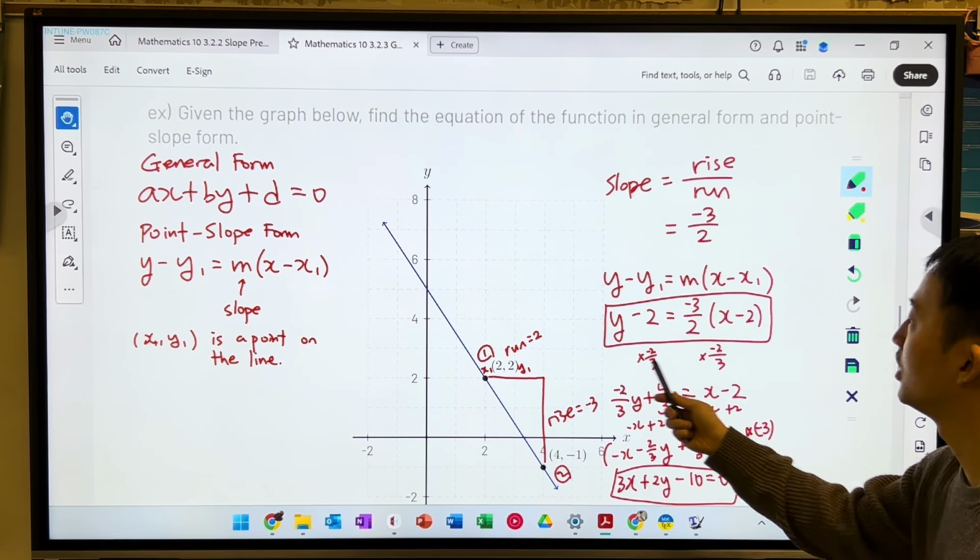Let's annotate the process. Well, first I find the slope. And then for the point slope form, either (2, 2) or (4, -1) work.